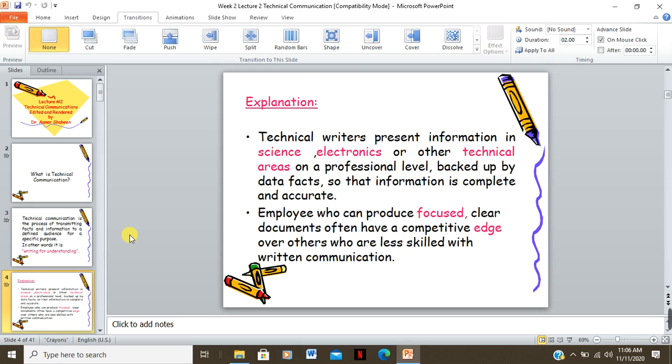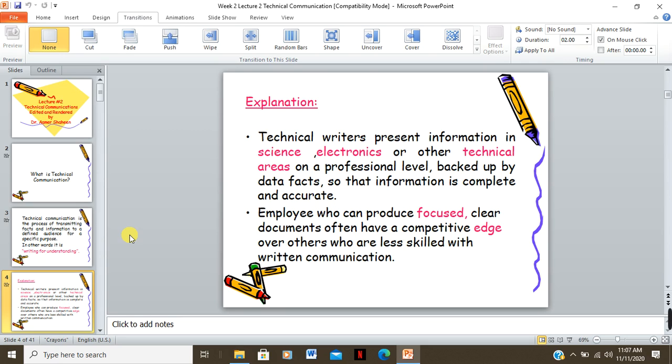So you have a role of a technical writer in that capacity, or you have a role of a technical speaker in that capacity. So technical writers present information in science, electronics, or other technical areas. Various technical areas can be involved on a professional level, because the outcome is more important. It's not important to speak, it is important to speak correctly. It is important to speak diligently.